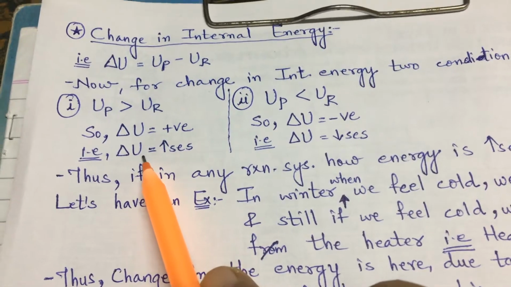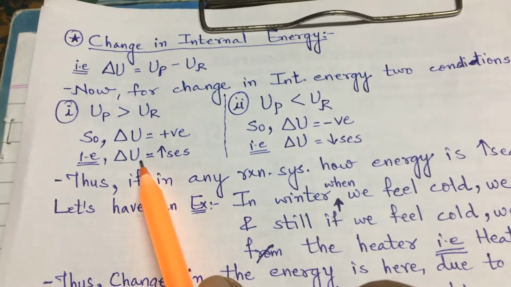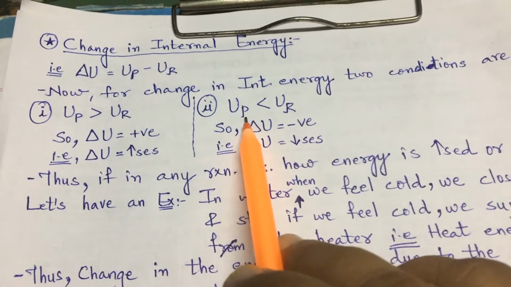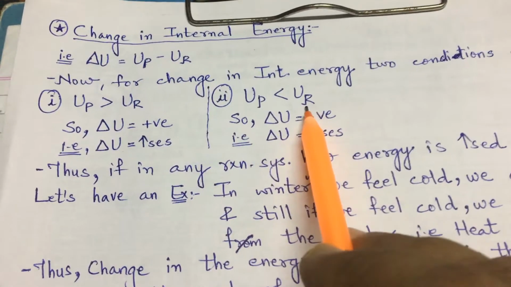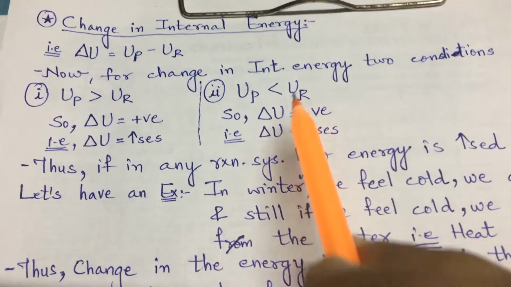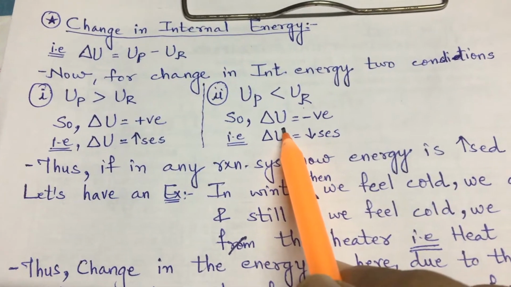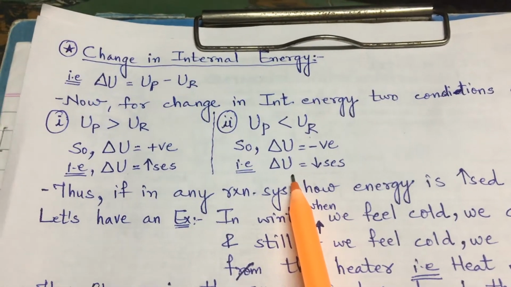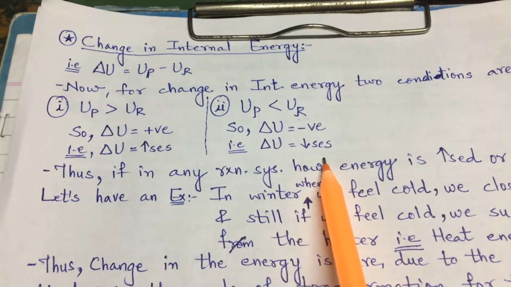It means internal energy during the reaction is increasing. And if internal energy of product is less than internal energy of reactant, the second condition, then the difference in the internal energy is negative, meaning during the reaction the internal energy decreases.